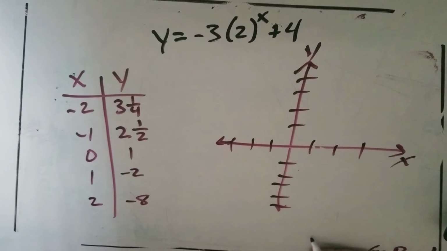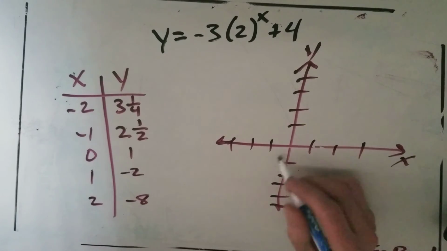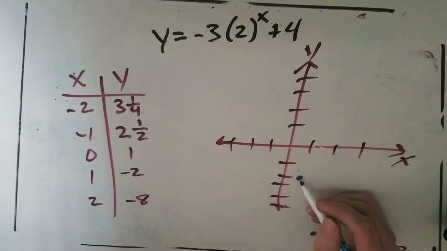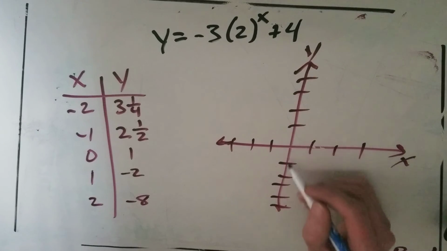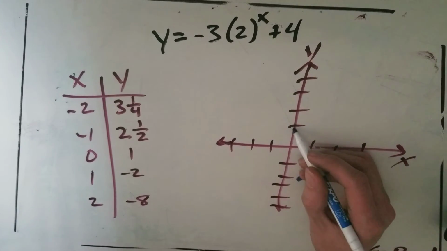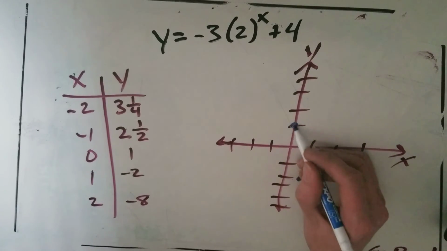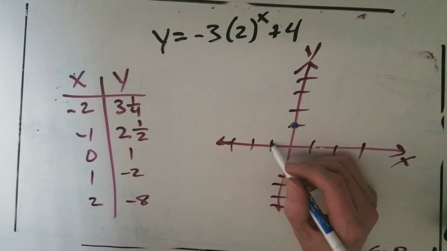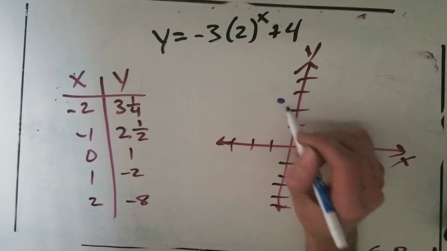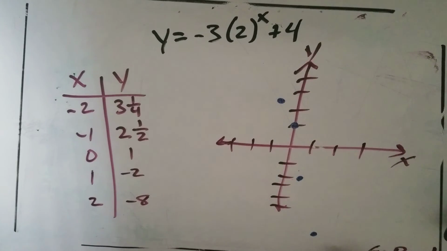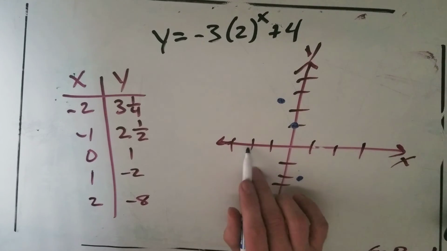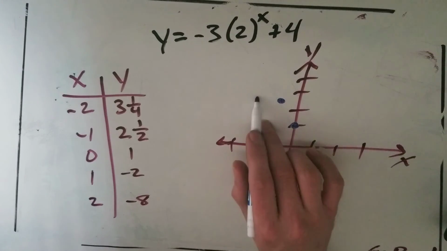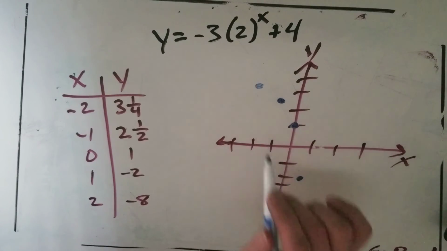So that was 5, 6, 7, 8. -1, -2. At 0, you're at +1. Then at -1, you're at 2.5. Then at -2, you're at 3 1/4.